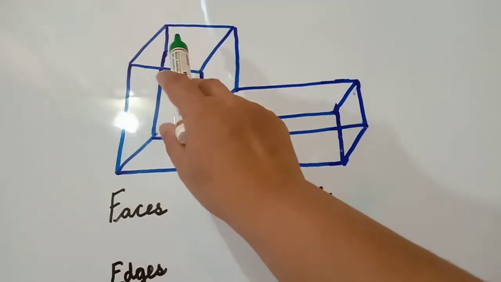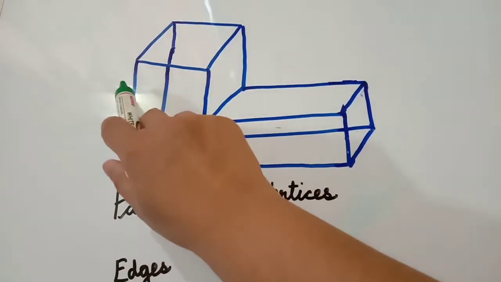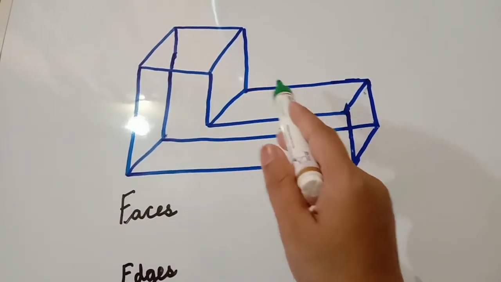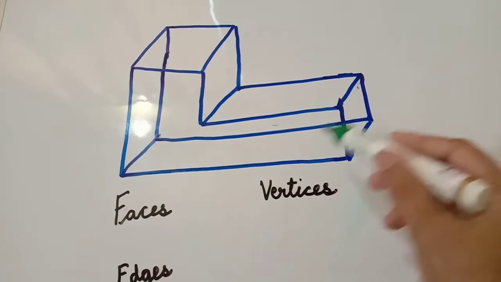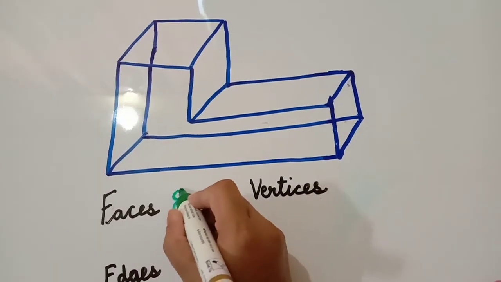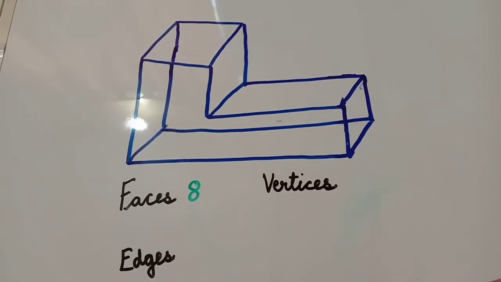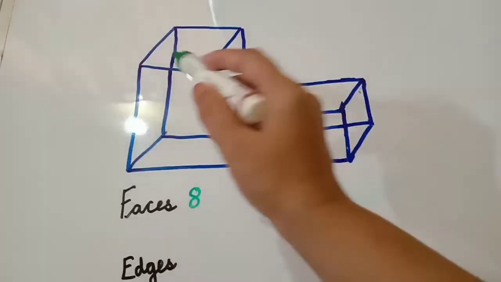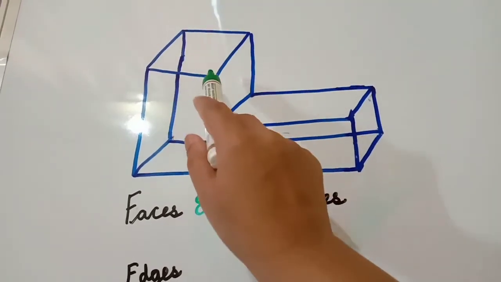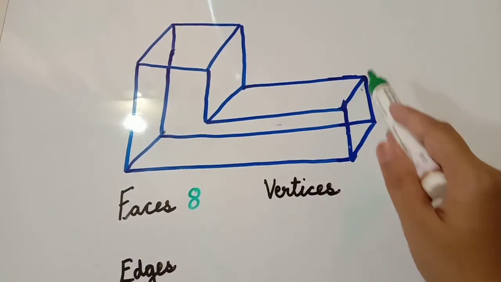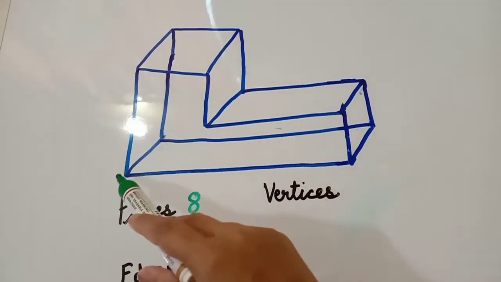So it has one on the top, 2 behind, then 3, 4, 5, 6, 7 and 8 which is below. So it has a total of 8 faces. Now let's check the vertices. 1, 2, 3, 4, 5, 6, 7, 8, 9, 10, 11, 12.